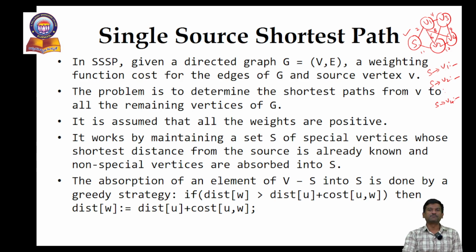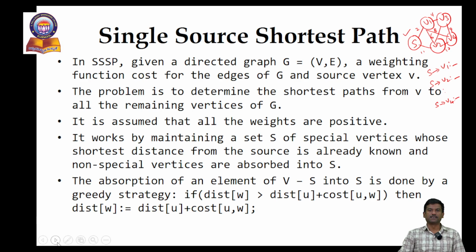So it is assumed that positive weights are taken into consideration, and this problem can be solved using the greedy approach. It works by maintaining a set, which we can call a solution set or the special vertices set, whose shortest distance from the source is already known, and non-special vertices are to be observed.